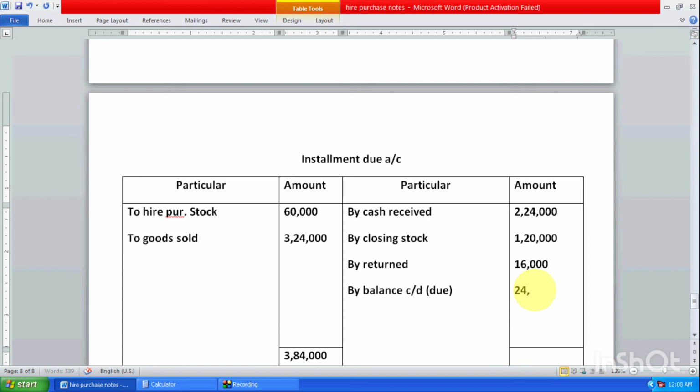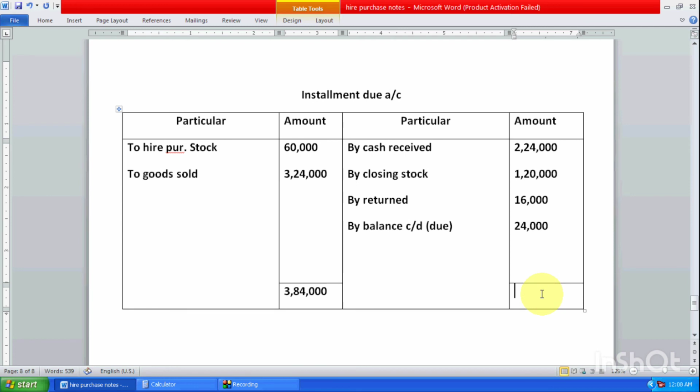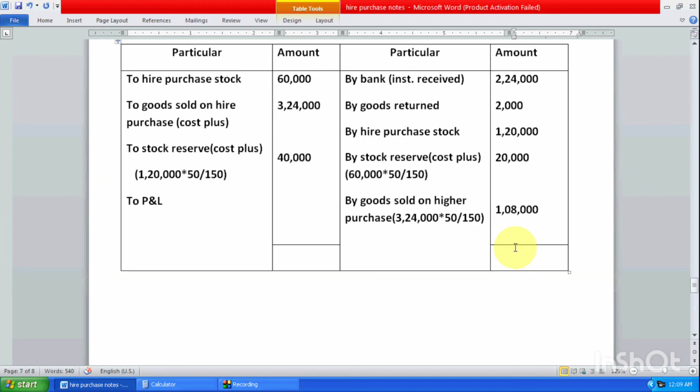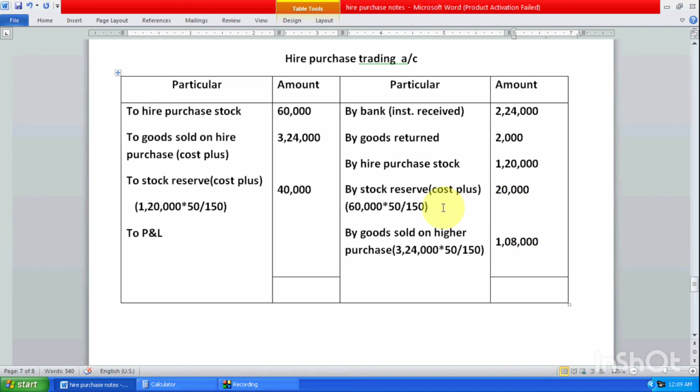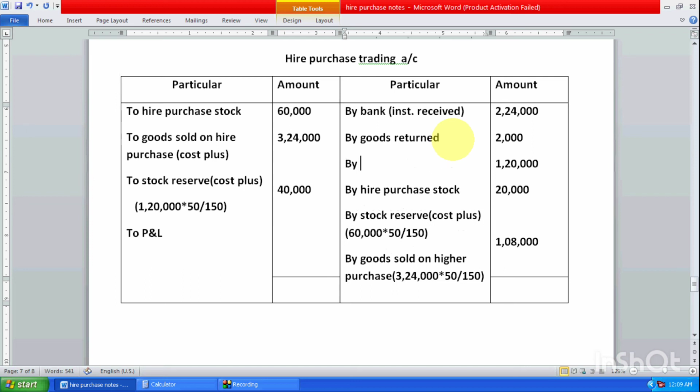So this 24,000 is transferred to the trading account. The overall ledger balance is 3,84,000. So this 24,000 is transferred here. Write installment due. Okay, we have already deleted this entry, so you can write here by installment due or interest due.